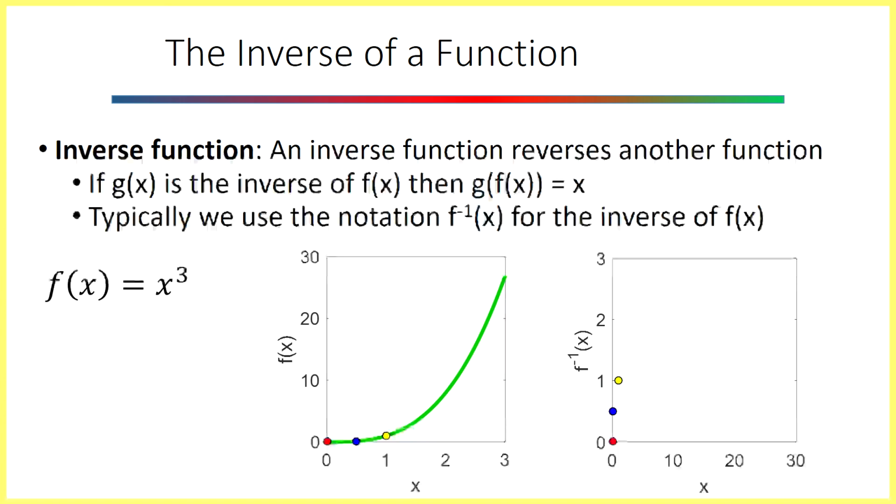Now let's do the same thing for f of 2. F of 2 equals 8, so f inverse of 8 equals 2. Similarly, f of 3 equals 27, so f inverse of 27 equals 3. Of course, f of x equals x cubed is not the hardest function to analytically find the inverse of.